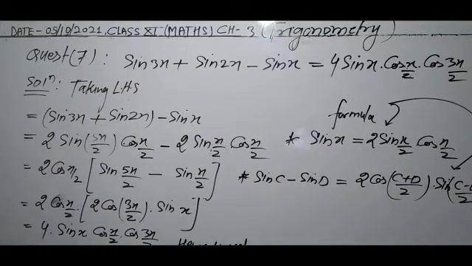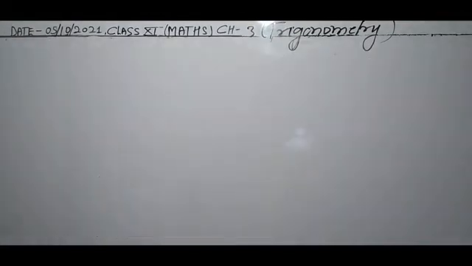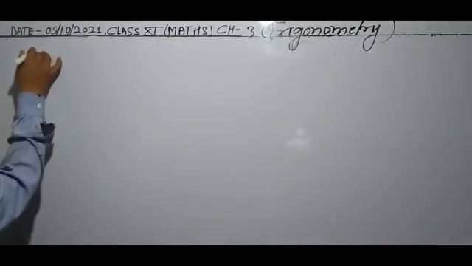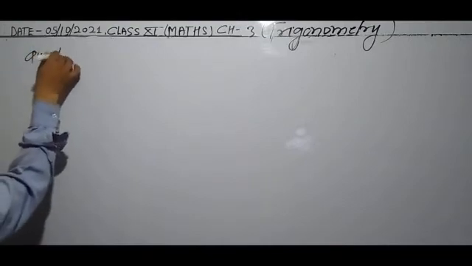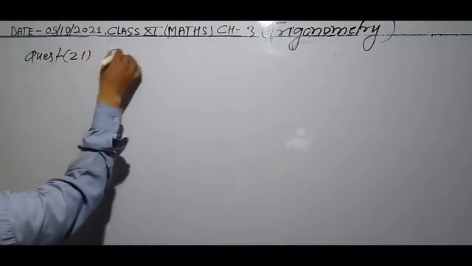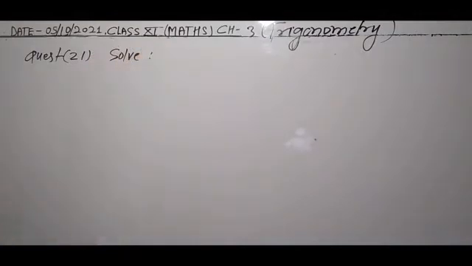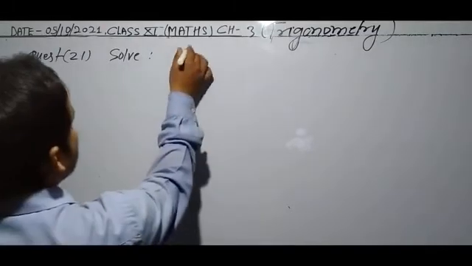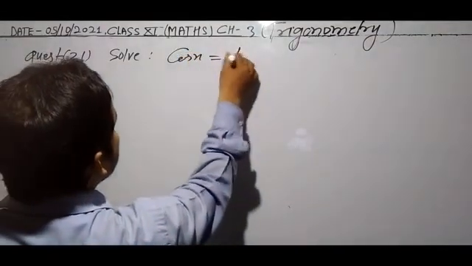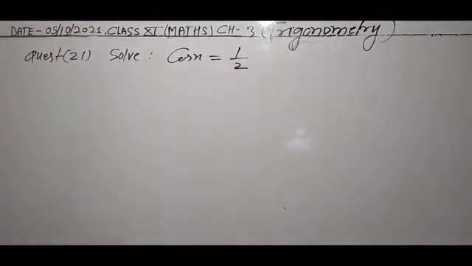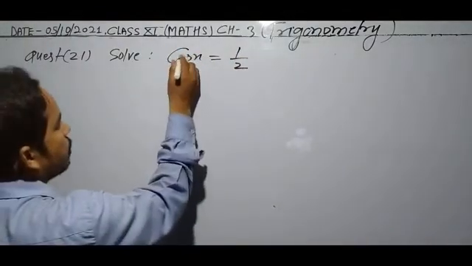Question number 21 is: solve cos x is equal to 1 by 2. This is our question. We have to find the general solution of cos x is equal to 1 by 2.